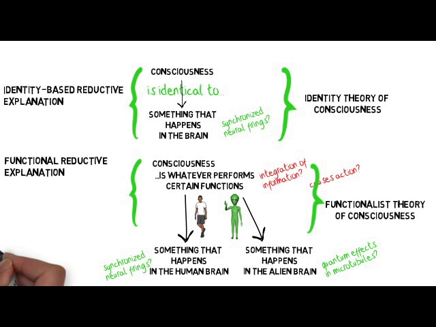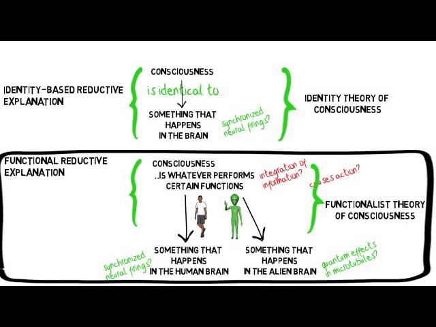Traditionally, this has been seen as a strong point in favor of the functionalist approach to consciousness and to a functionalist approach to the mind in general. Most physicalists today are functionalists. That said, later in the course, we'll hear some pretty powerful objections against functionalism when we discuss artificial intelligence.